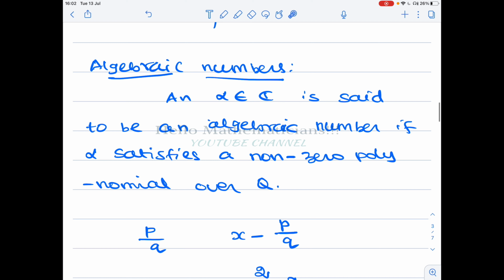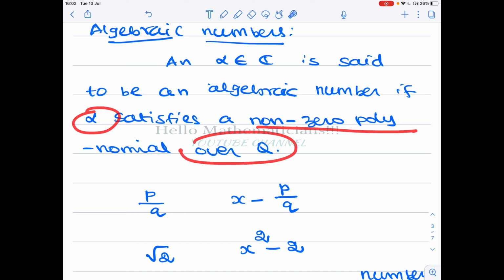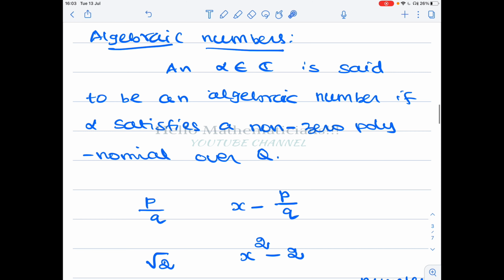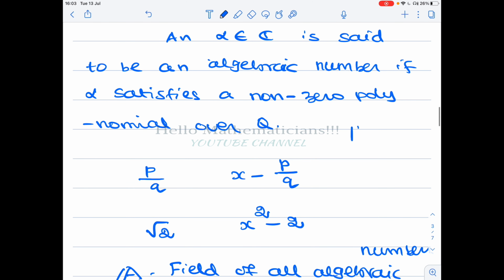Let's start with the definition of algebraic numbers. So what is an algebraic number? You take a complex number alpha; it is said to be an algebraic number if it satisfies a non-zero polynomial over rational numbers. There is a more general definition that requires the notion of field extension.